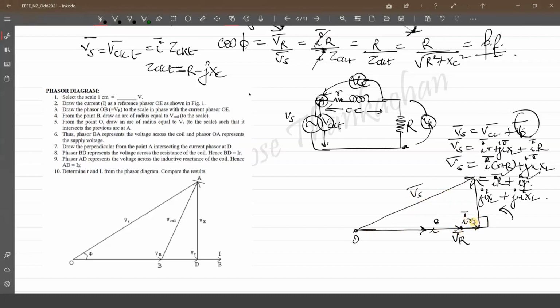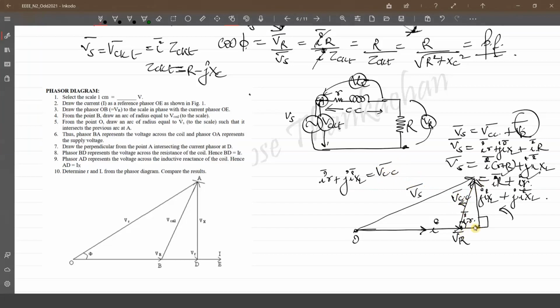This is I into R, and this is I into XL. Join this phasor here. What is this representing? It is I into r plus j times I into XL, which is nothing but the choke coil voltage VCC. So this is the choke coil phasor, this plus this.